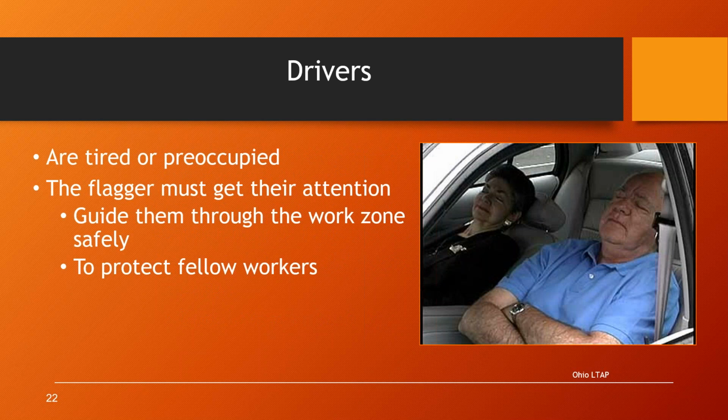When you're flagging, it's important that we get the drivers to notice us and obey us. But sometimes drivers are tired or preoccupied. They've got other things on their mind, and they look at us and think that we, the flagger, are just in their way. We're slowing them down, but we need to get their attention and give them the proper guidance around our work zone and to protect our fellow workers.